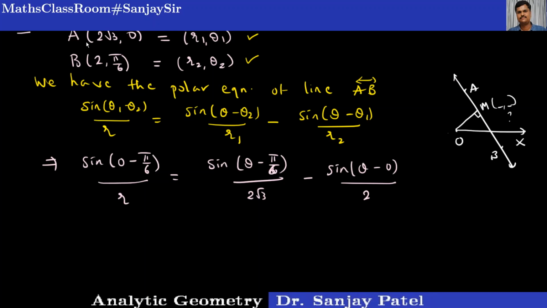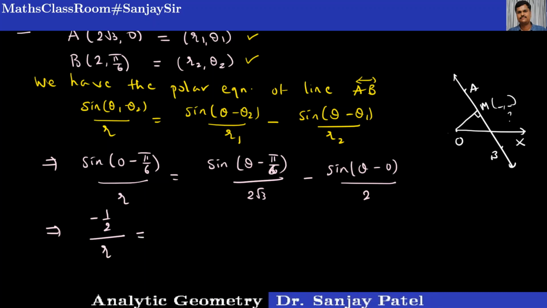But generally, whenever you plug in the values, you must simplify the equation as much as possible. So let us simplify this equation. The first numerator is sine of minus pi by 6, so that is minus 1 by 2, since sine of minus theta is minus sine theta and sine pi by 6 is 1 by 2, upon r, which is a variable as it is.